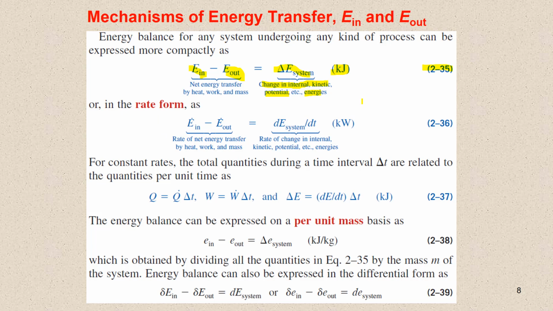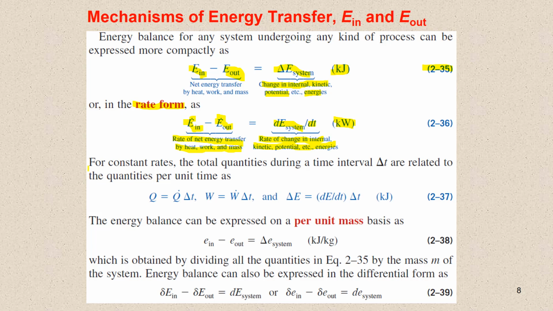The above equation can be expressed in the rate form as E dot in minus E dot out, the rate of net energy transfer by heat, work and mass, equals dE of the system over dt, the rate of change in internal, kinetic and potential energies, given in kilowatts.